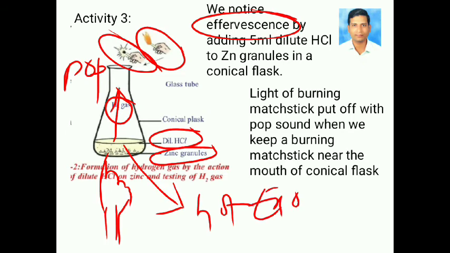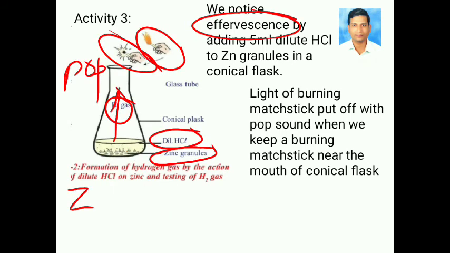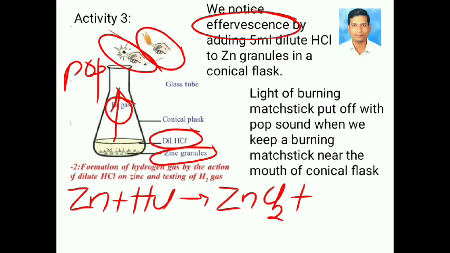Exothermic reactions are the reactions in which heat is released. Now let us try to write the chemical equation for this activity. Zinc plus HCl gives rise to zinc chloride plus hydrogen gas.